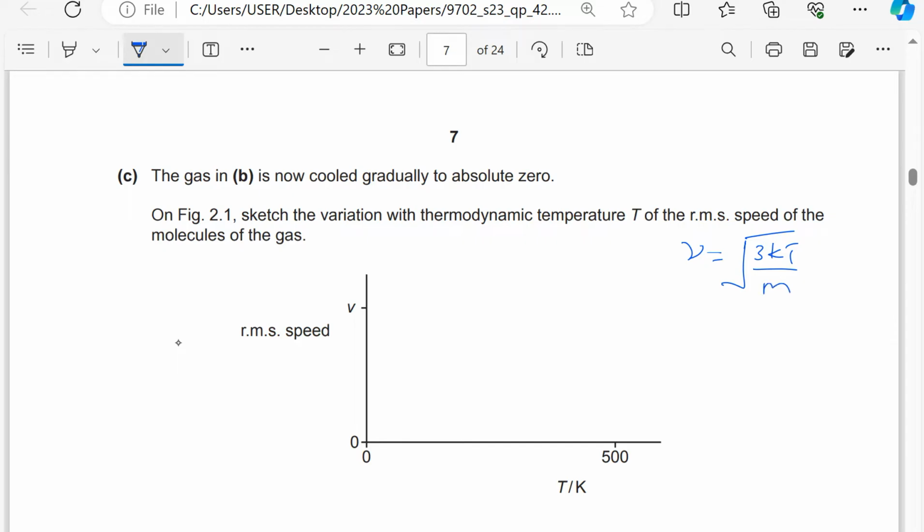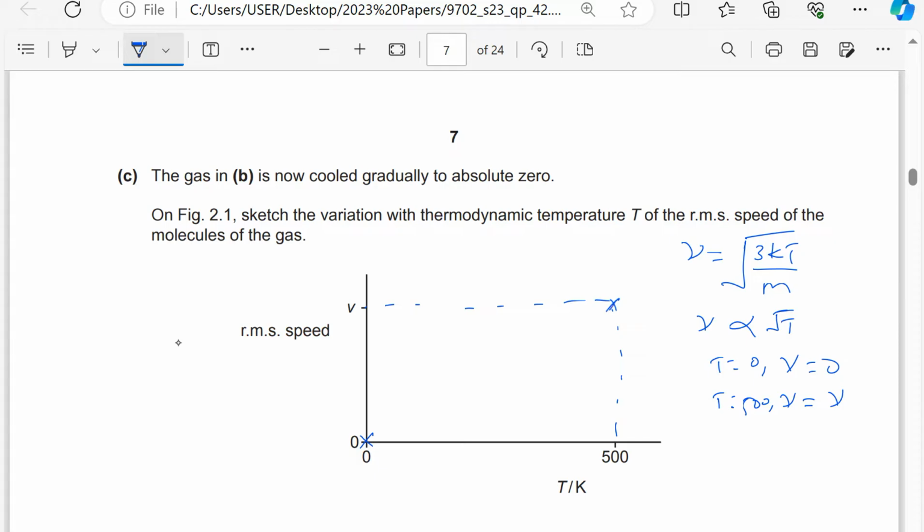If the mass is constant, 3k is constant, so v is directly proportional to the square root of T. If T equals 0, v equals 0, so the graph goes to the x-axis. And when the temperature equals 500, v is going to be v, so I'm plotting 500 against v.